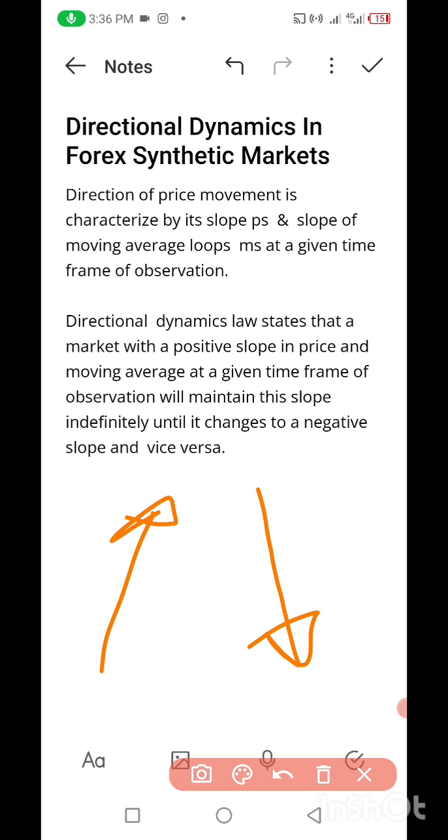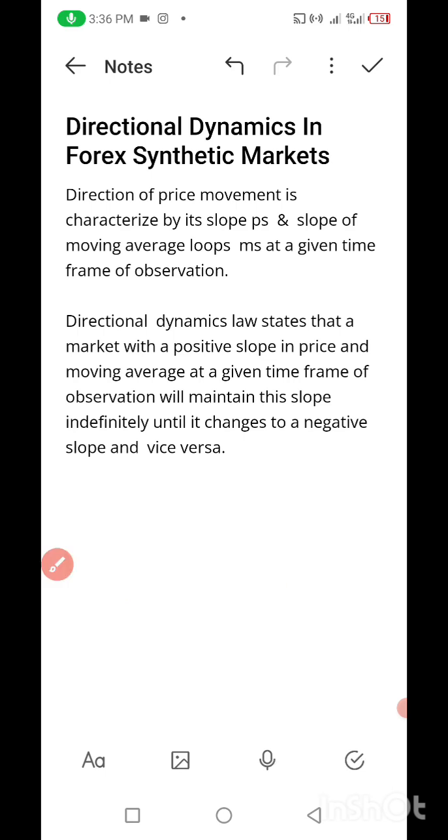Now, this is what direction means. Direction is, with your eye open, you observe the chart.